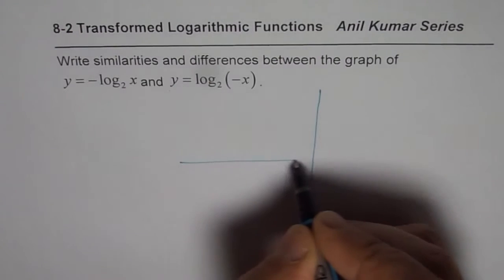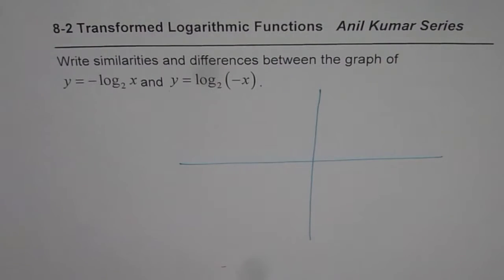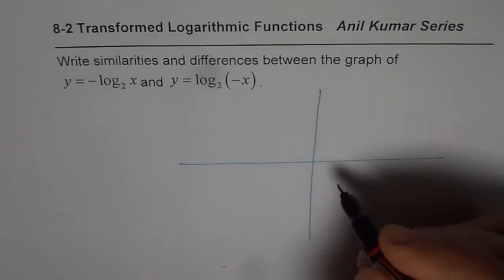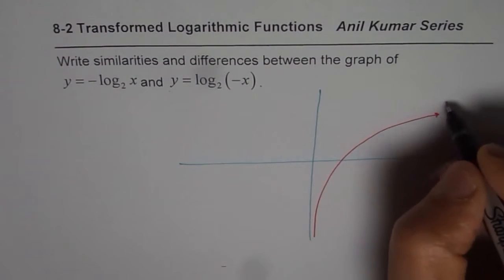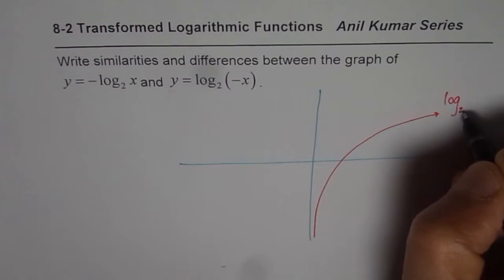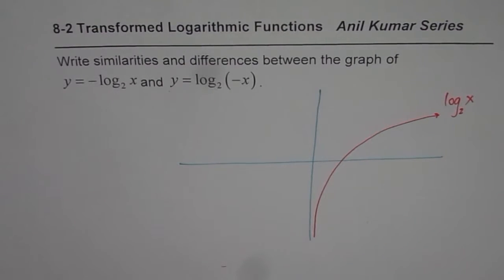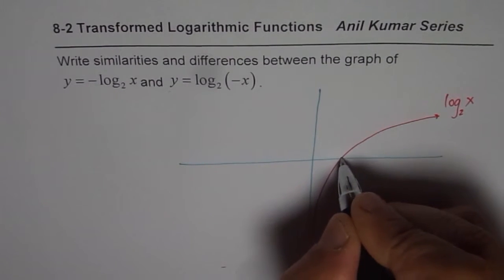The base function, log to the base 2 of x. So the function is like this, correct? So I'm sketching, this is the graph for log to the base 2 of x. I'm not getting into details of how we get it, but we'll just consider a few critical points here, the key points.